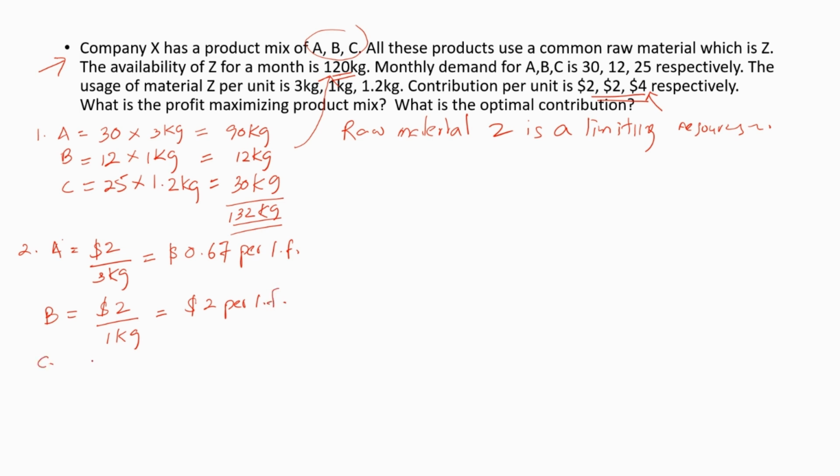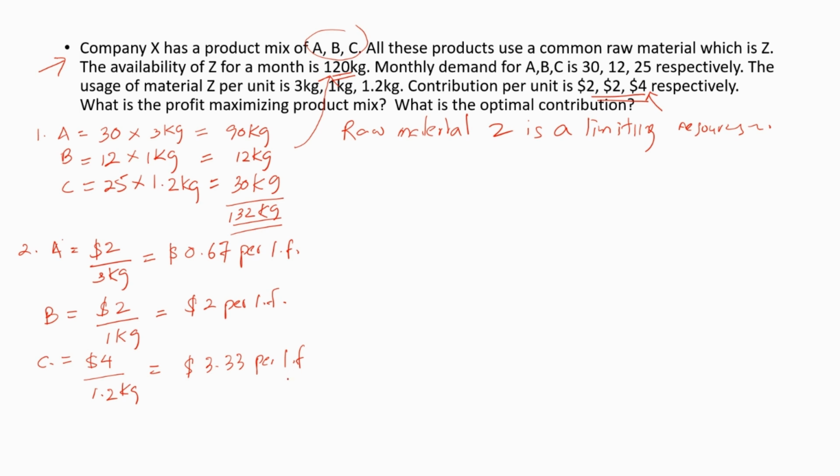For product C, the contribution is $4 divided by 1.2 kilograms. This is equal to 3.33 per limiting factor. When it comes to limiting factor analysis, we have to calculate the contribution per limiting factor.